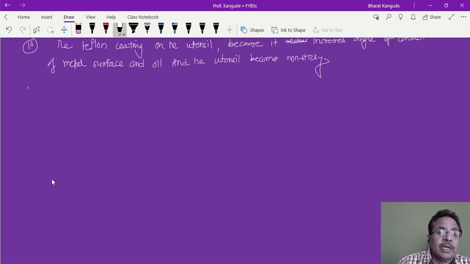Then 11, mercury is used in thermometer.